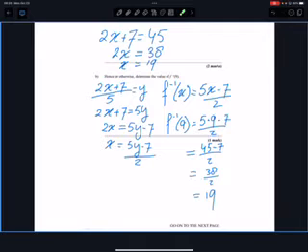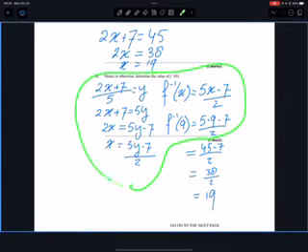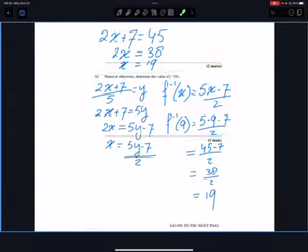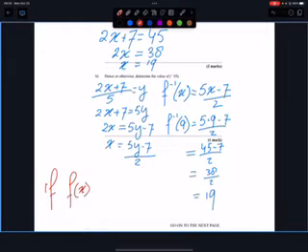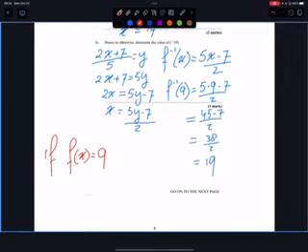Yes, you do not have to do all of this. Find the inverse. Because you would just state, well, if f(x) equals 9, comma, x is 19.